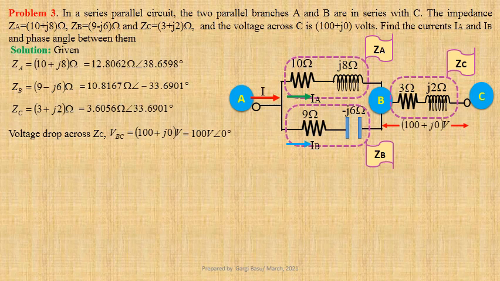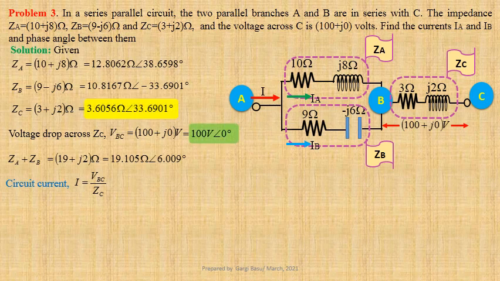Let us first determine ZA plus ZB. Using values we get 19 plus J2 ohm, that is equal to 19.105 ohm at an angle 6.009 degree. Now we shall determine circuit current. I equals VBC divided by ZC.